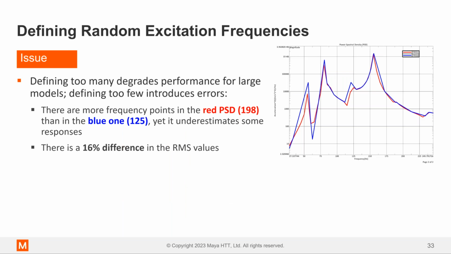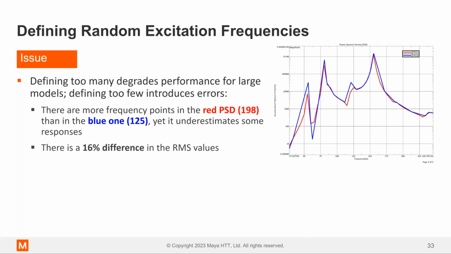Now, one last thing I want to hit on, and this goes to the accuracy as well. Often you need to select the random excitation frequencies at which you run your random vibration. The issue is you don't want to select too many because you're going to run slower, but you don't want to select too few because your results won't be accurate.